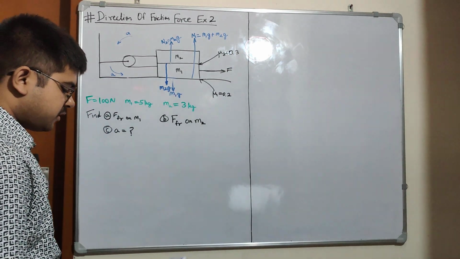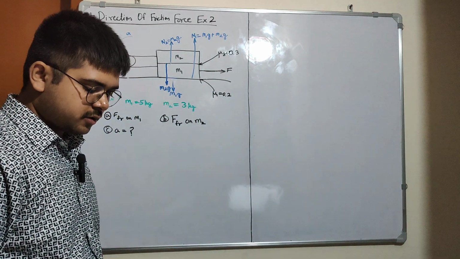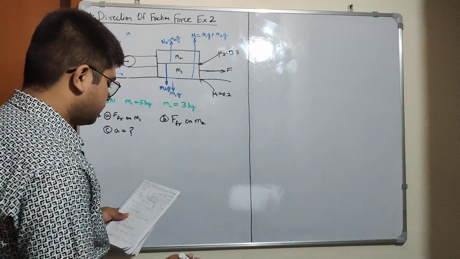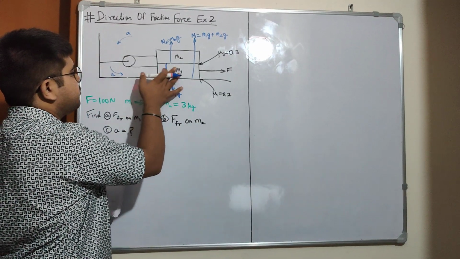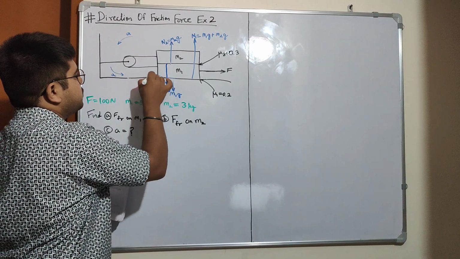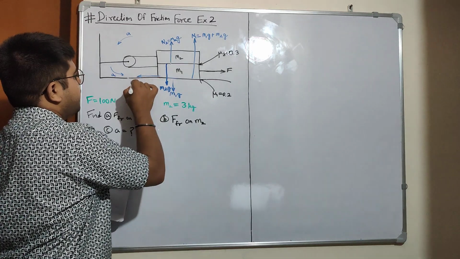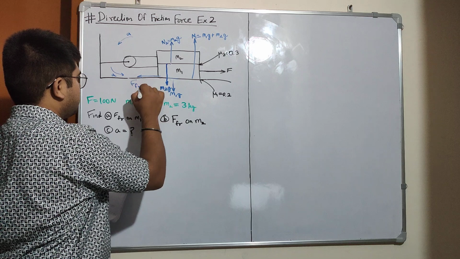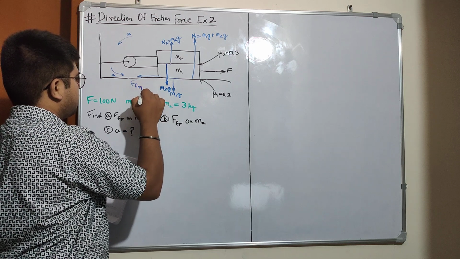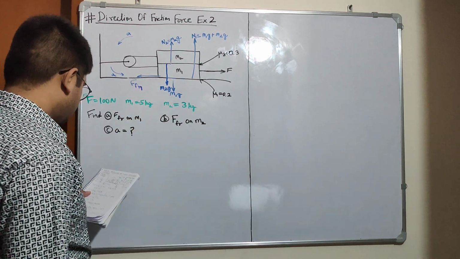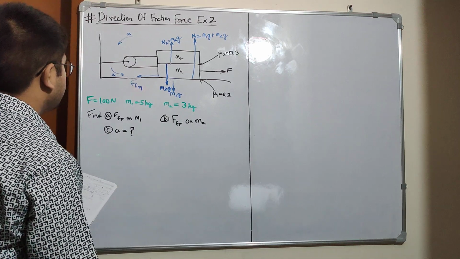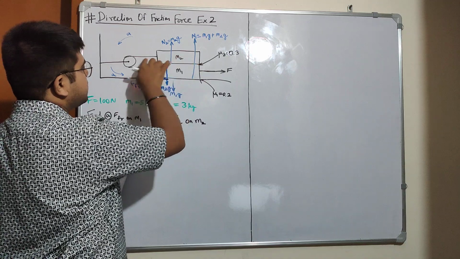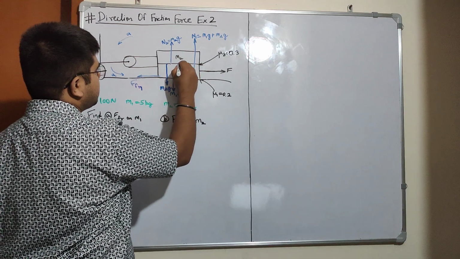Then after that, the frictional forces that are acting on these blocks are as follows. If this is moving in this direction, then the frictional force will be in this direction. FFR1. Then we'll have a friction force here, because this is moving in this direction.